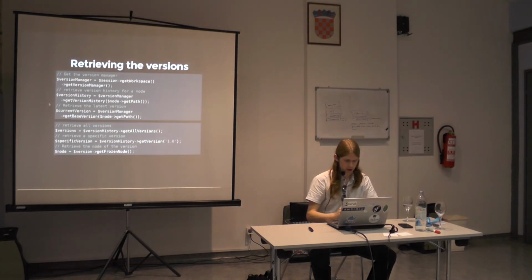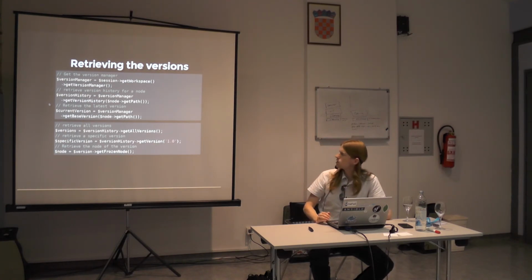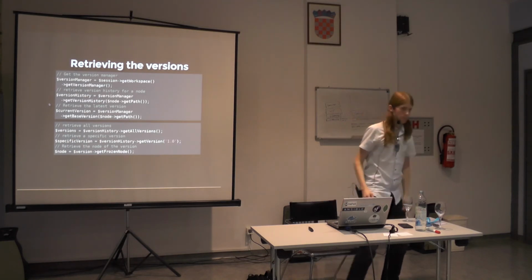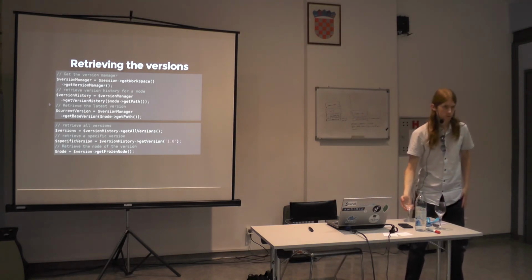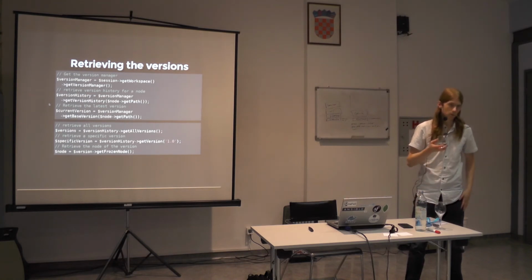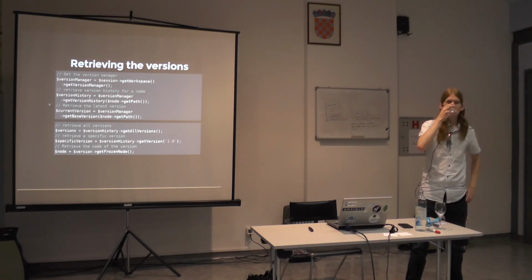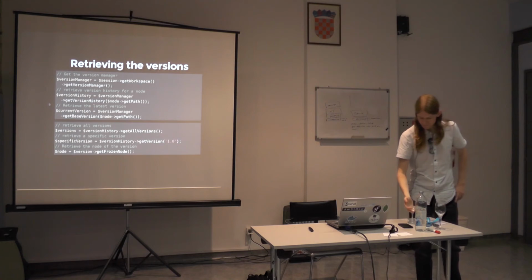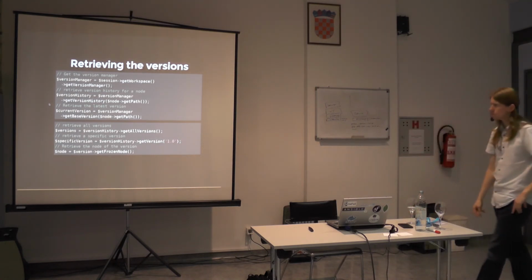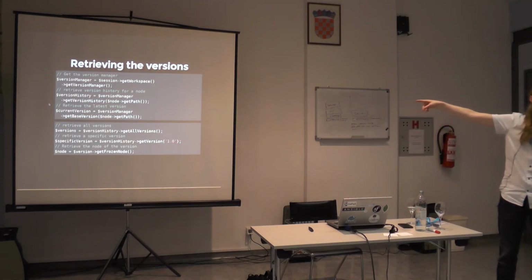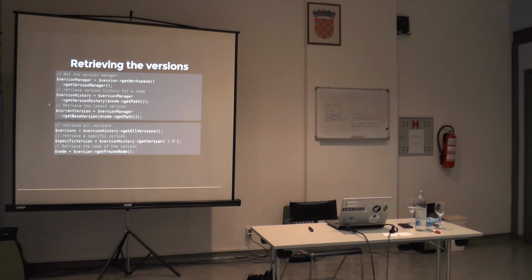I'll go back to the slide with all the functions on it. So I think the only function missing from the slide is the version get name to actually use in your link or dropdown or whatever.